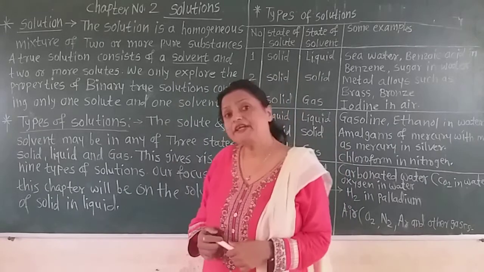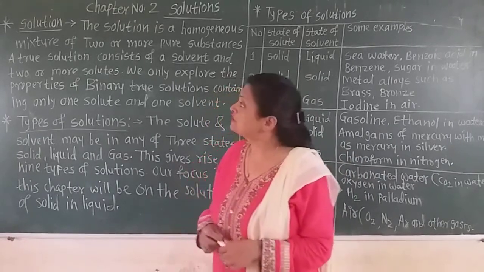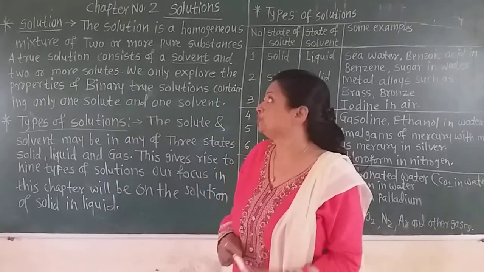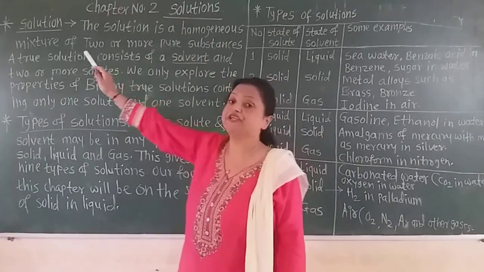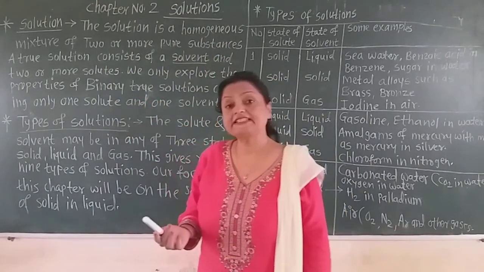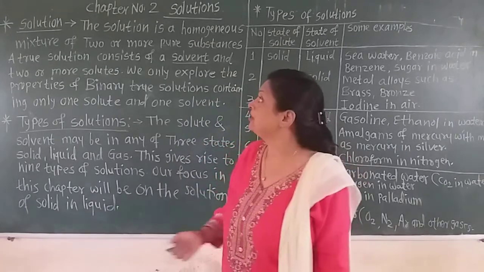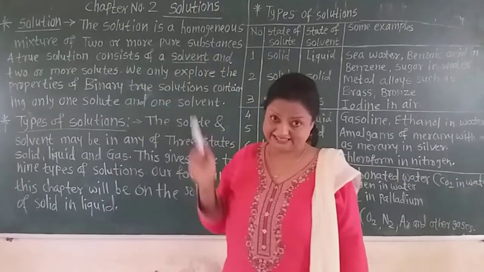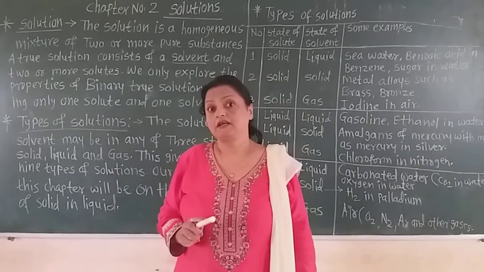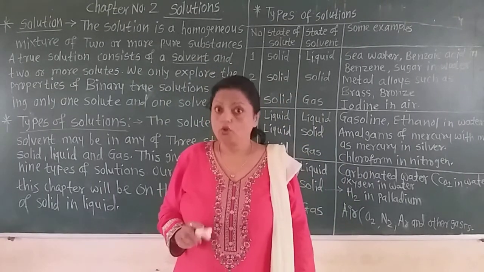Now, what is this solution? Now see the definition of the solution. The solution is a homogeneous mixture. Definitely it is a homogeneous mixture of two or more pure substances. The substances must be pure.